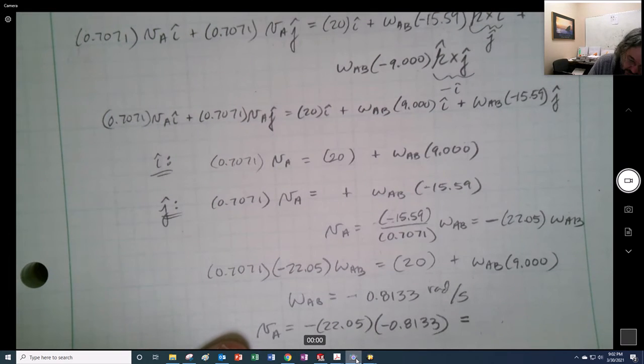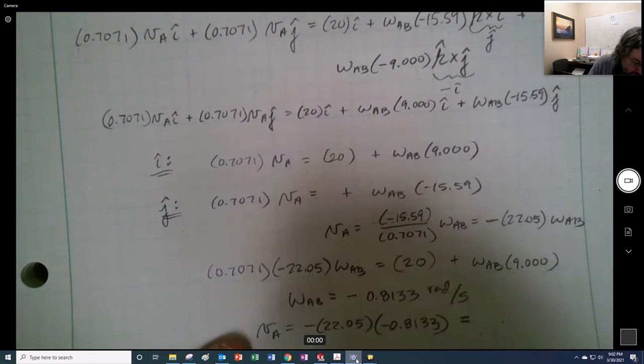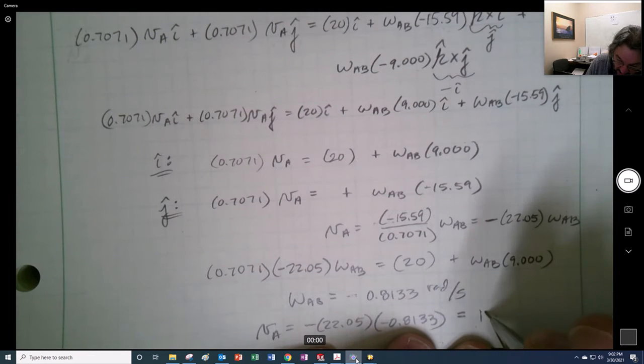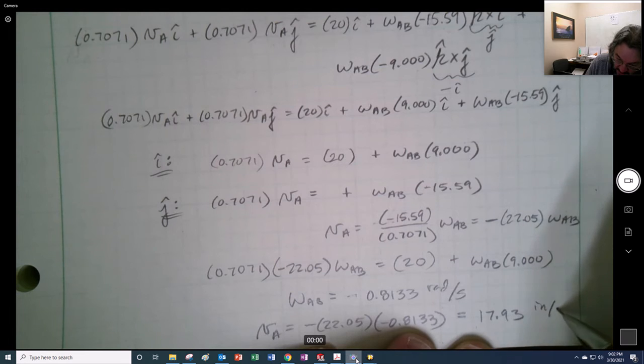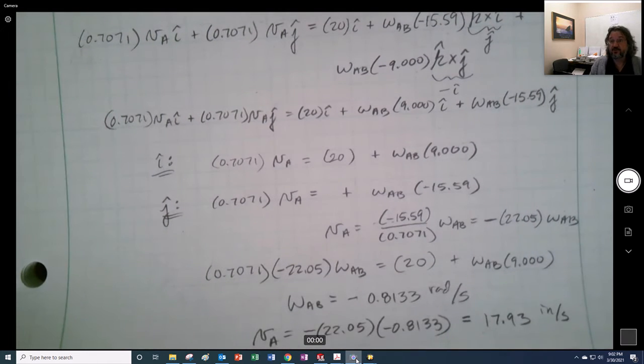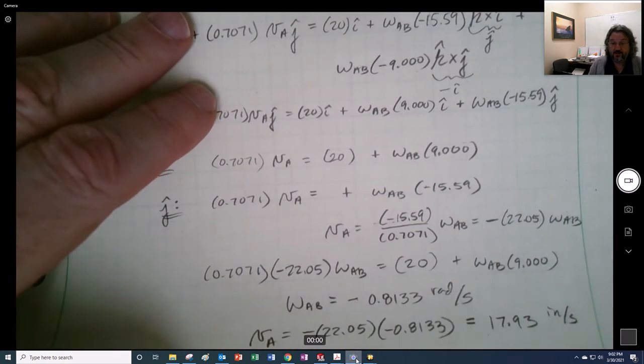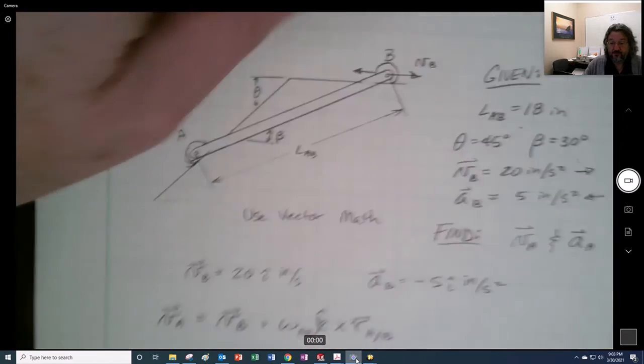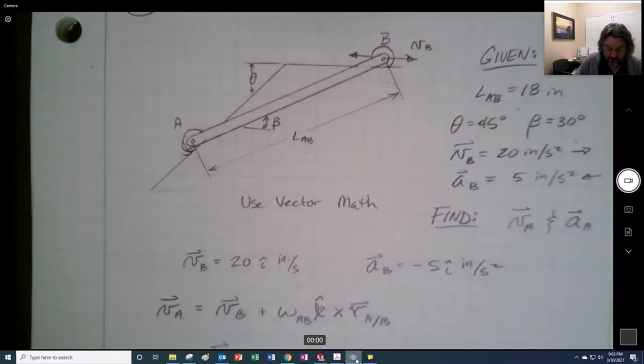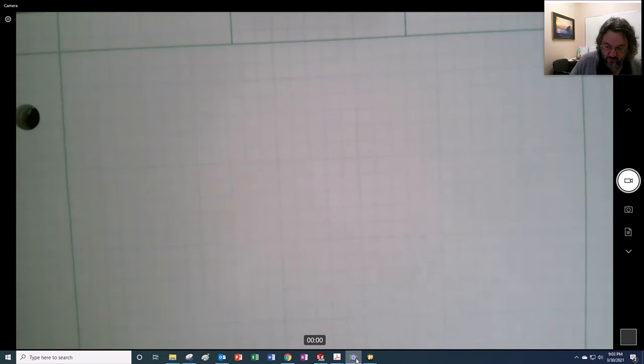So 22.05, and we get positive 17.93 inches per second. So that's the magnitude of the velocity.